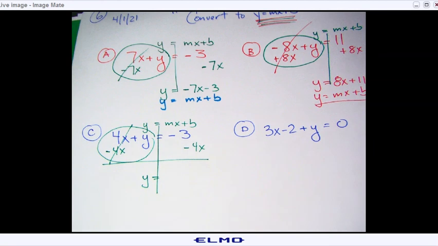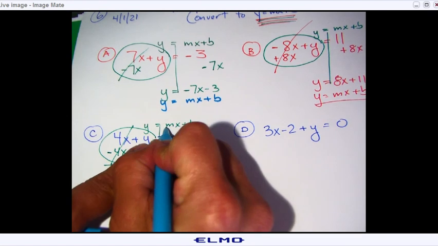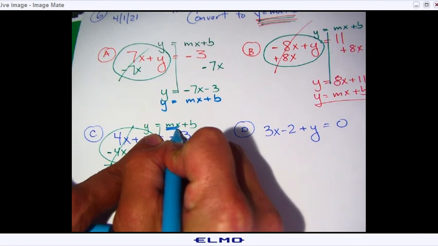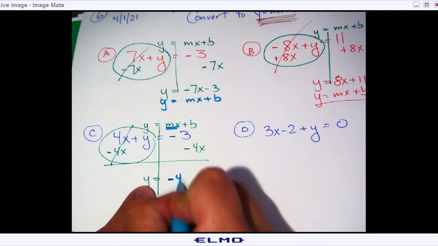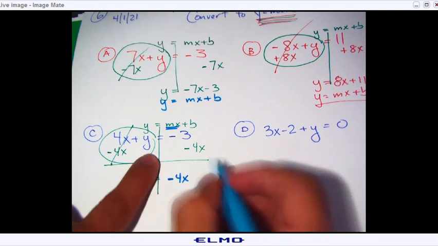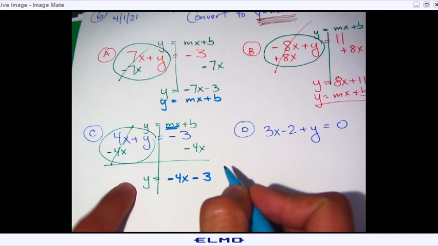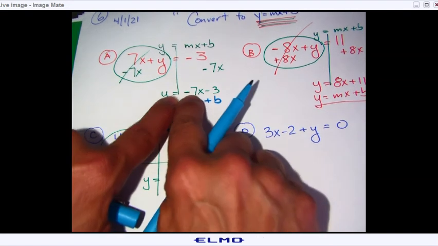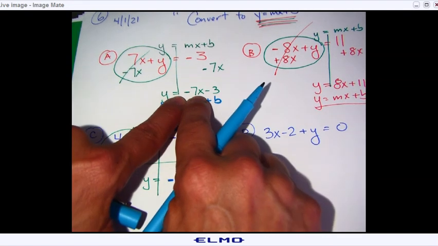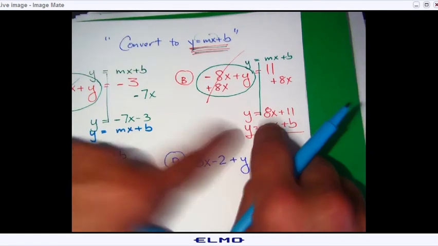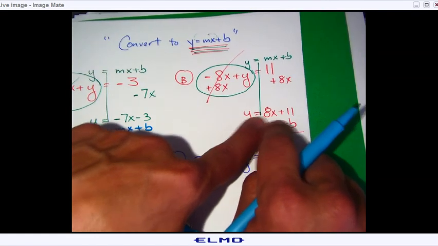Let's see, Ruben? Anybody? Jesus? No. You have to put the one with the x. See this? mx? This is your guide. The one with the x. So negative 4x, and then the negative 3. Just like over here, the one with the x first. Negative 7x minus 3. And then over here, y equals 8x plus 11.